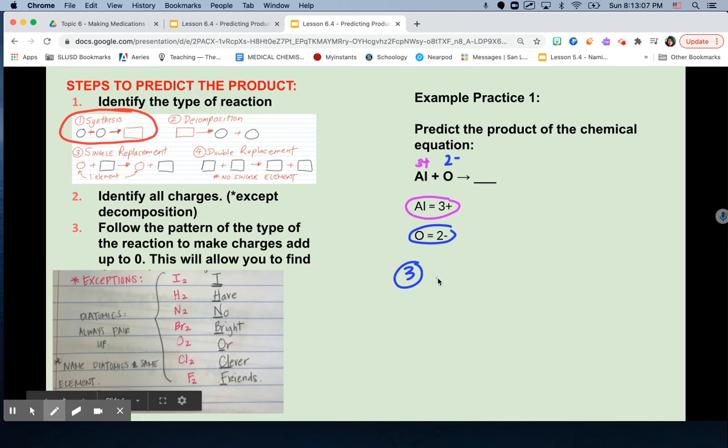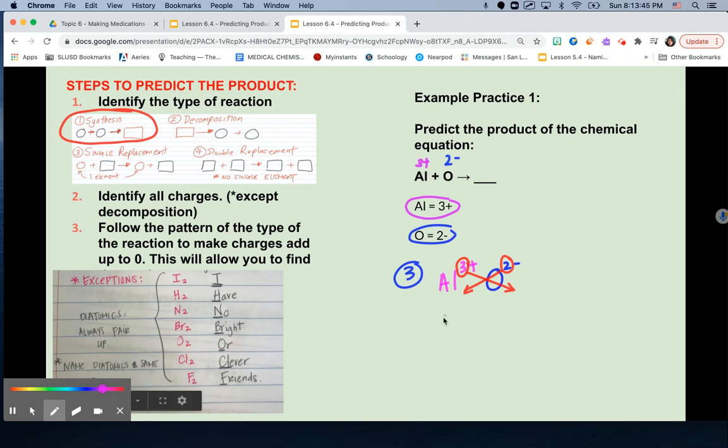Right, so I have Al is 3 plus, O is 2 minus. So I can either add up the charges over and over again until they add up to 0, or recall that I can also do this. So I'm just going to take the numerical value, so the number 3 and the number 2, ignoring the positive and negative parts, and I'm going to swap them, right? And these are going to be my subscripts for my formula.